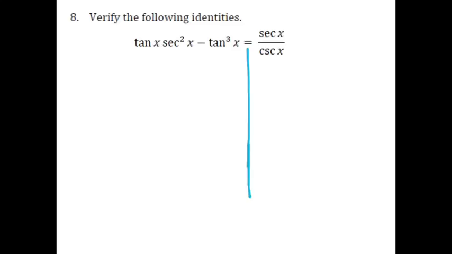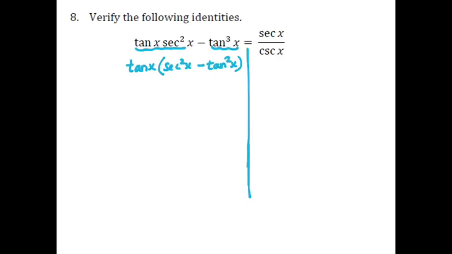If you notice, I've got two terms here, and they both have a tangent. So I'm going to factor out a tangent x, and if I do that, I'm left with secant squared x minus tangent squared x.